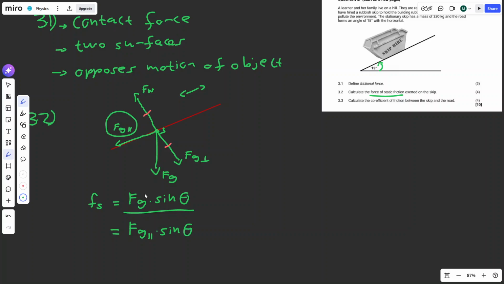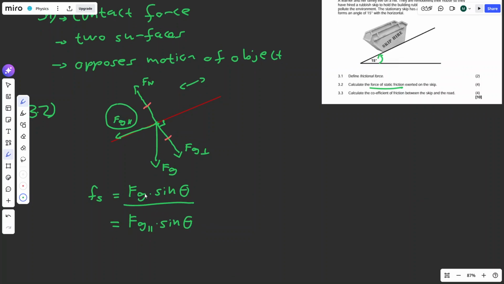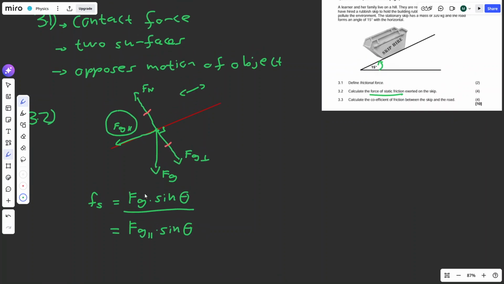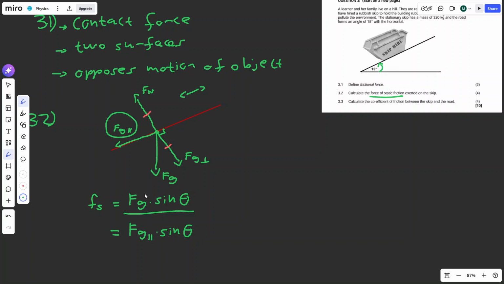Before I go further, I just want to spend a minute explaining why we are using sine of theta instead of cos of theta, for those that are not too familiar with this.